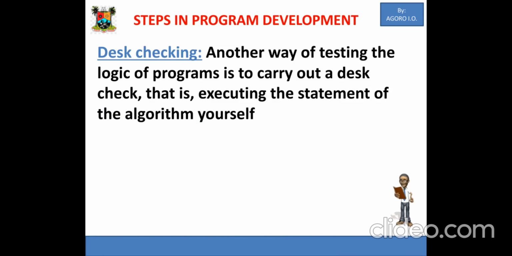Now let us look at desk checking. Another way of testing the logic of programs is to carry out a desk check. That is, executing the statements of the algorithm yourself. What is desk checking talking about?